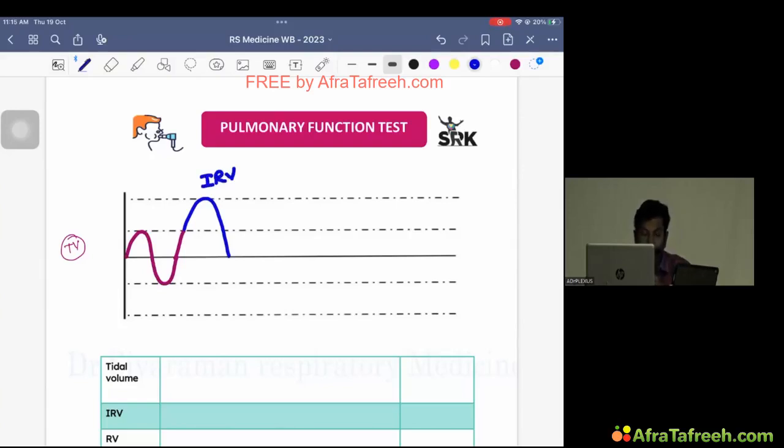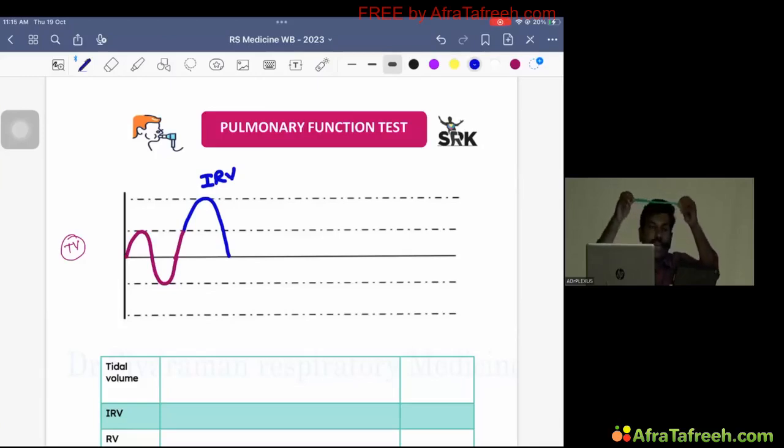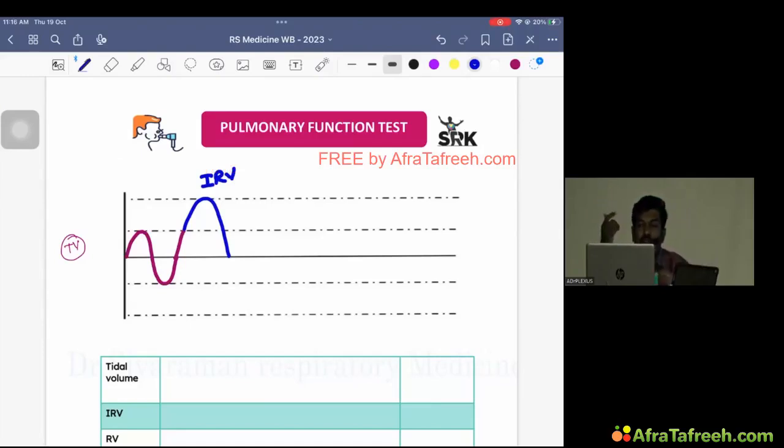After deep inspiration, your lung is like an elastic balloon. When you expand it this much, what is going to happen? It will recoil back. Even though pulling this balloon is an active process, there is going to be recoil, which is a passive process. This passive process does not require energy.